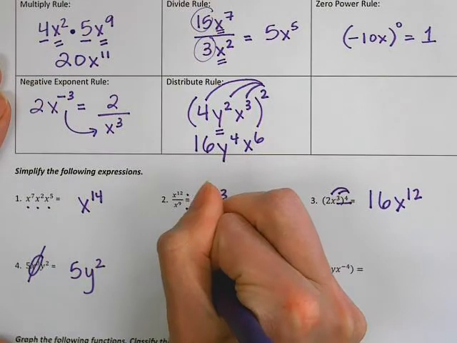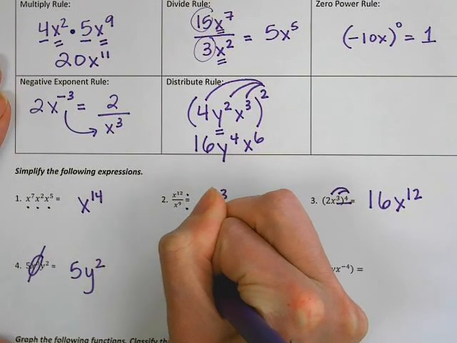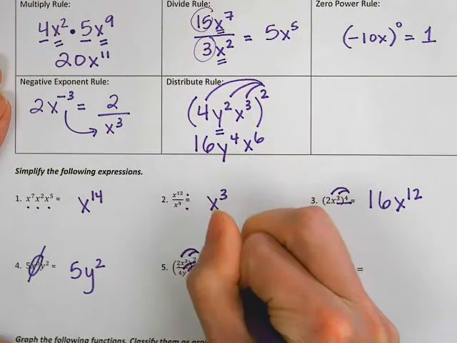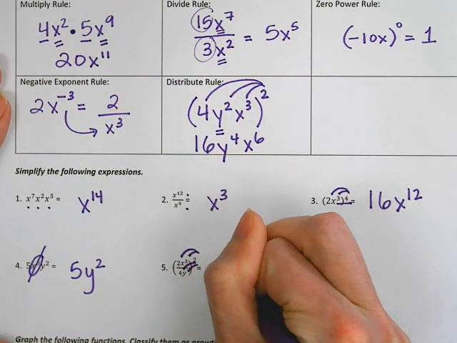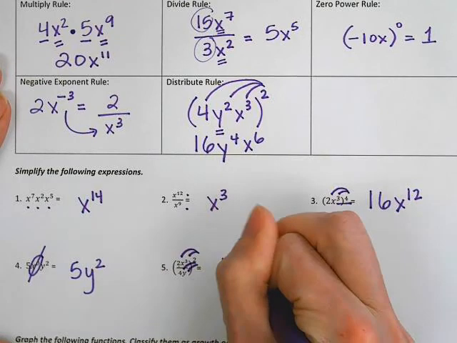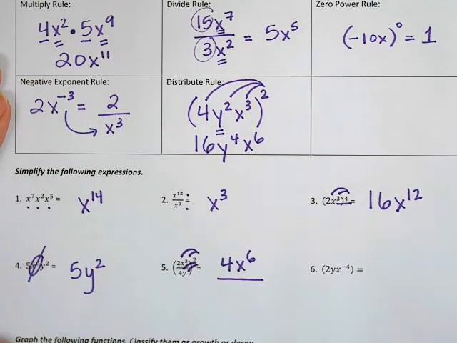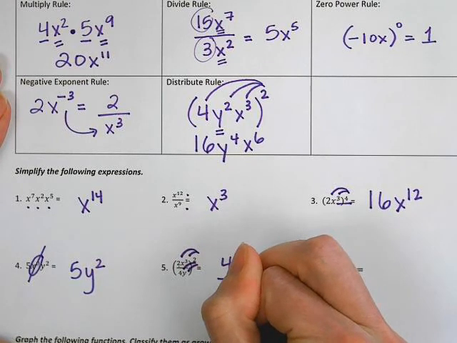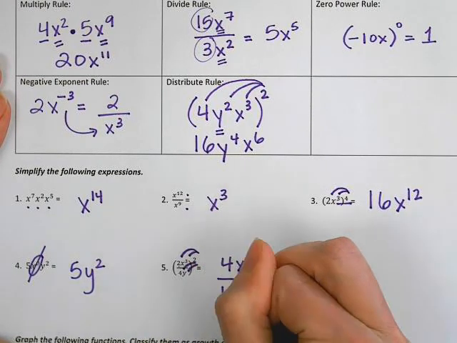Number 5, we have to distribute to the numerator and everything in the denominator. So 2 squared is 4. For the x's, power to a power, you multiply to get 6. On the bottom, 4 squared is 16. And then y also gets squared.